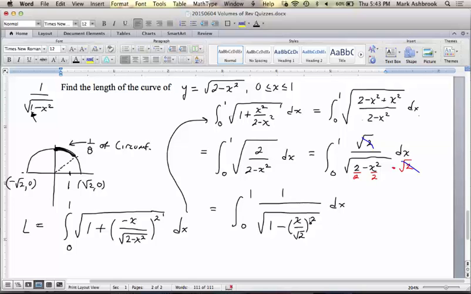Because if I square this, I ought to get this right here, right? If I square x over radical 2, I get x squared over 2. That's what I want. See that? And now we got it sine inverse, but it's with undoing the chain too, because we've got this little factor on the x squared. So this is equal to sine inverse of what? X over rad 2.